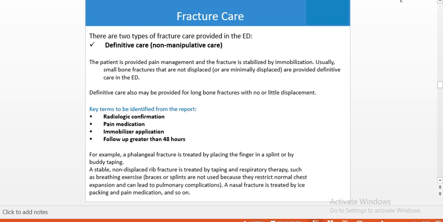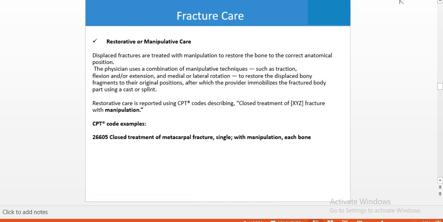So during fracture care we need to understand two terms: restorative and manipulative care. Displaced fractures are treated with manipulation to restore the bone to the correct anatomical position. Displaced means it has become two parts and the movement is not correct.